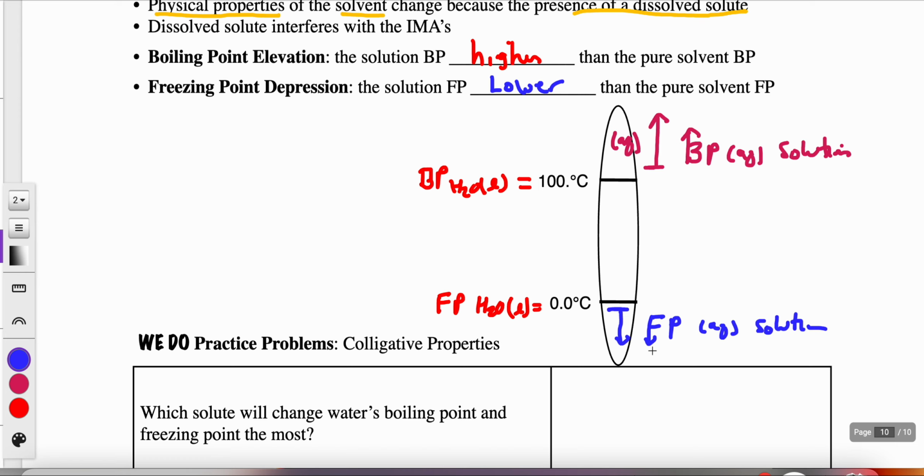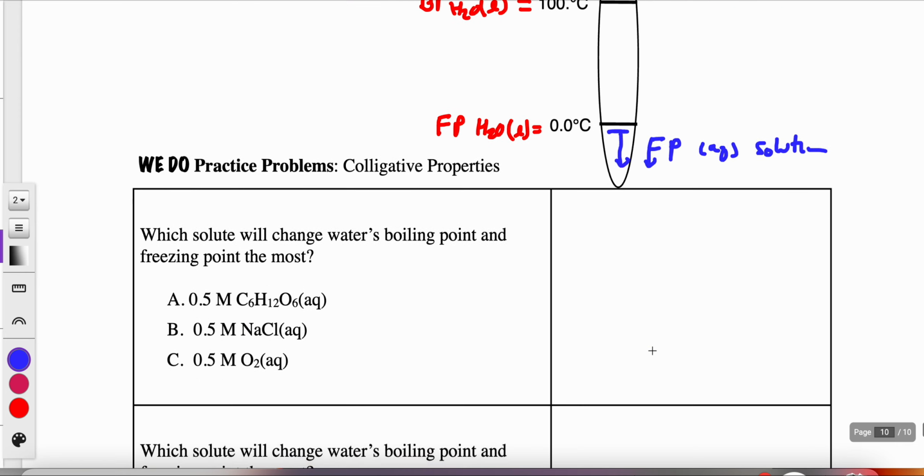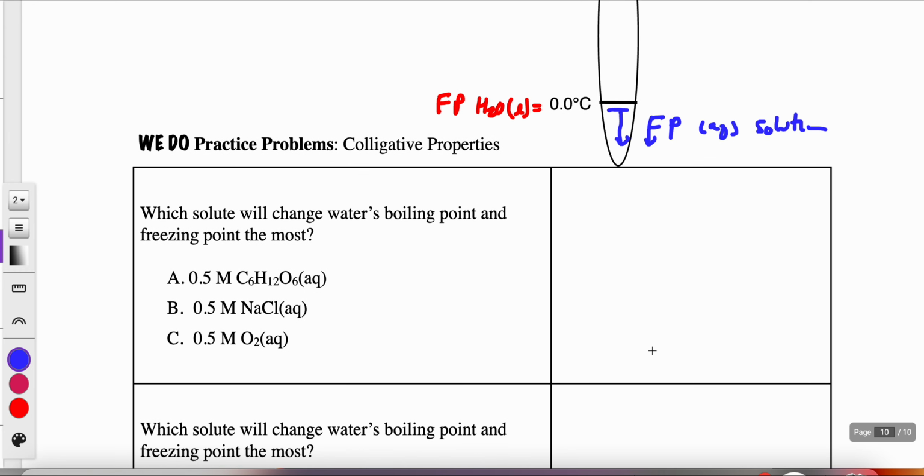So using those ideas, you have to apply them to the solvents. We have 3 questions to take a look at, okay? It asks which solute will change water's boiling point and freezing point the most. If it elevates the boiling point, then it also depresses or lowers the freezing point.